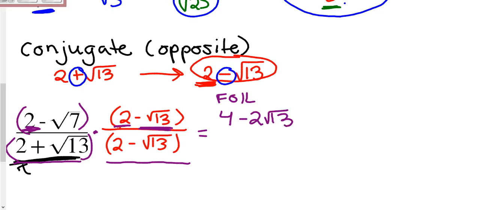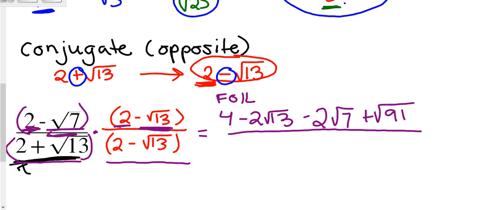Now we need to multiply the negative square root of 7 and the 2, and we get negative 2 square root of 7. And then the last two multiplied, both under a square root, gives us a positive square root of 7 times 13, which is 91.